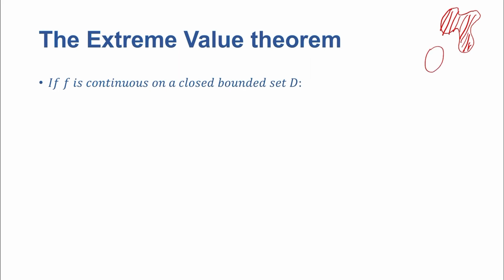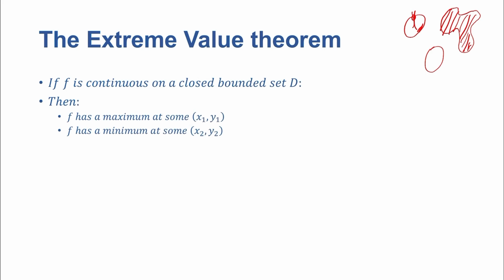A circle has a boundary. If I had a circle that wasn't defined here, then that would not be closed because I could go in or out through there, right? So it needs to be closed and it needs to be bounded, okay? And that also means that this boundary is a part of the set.